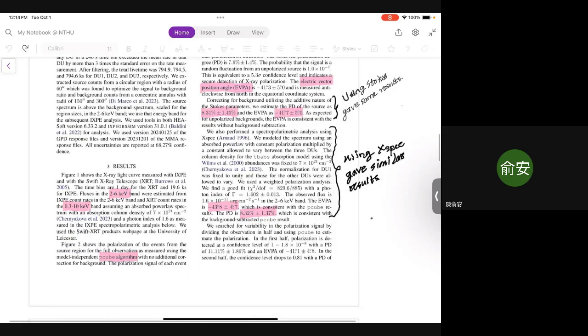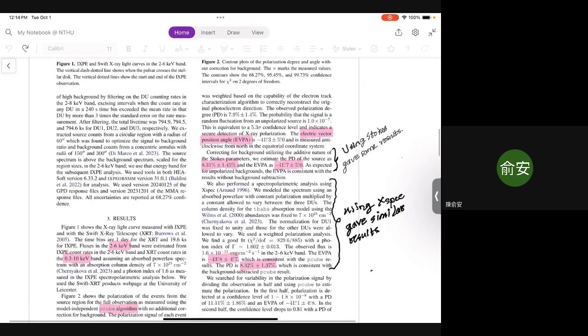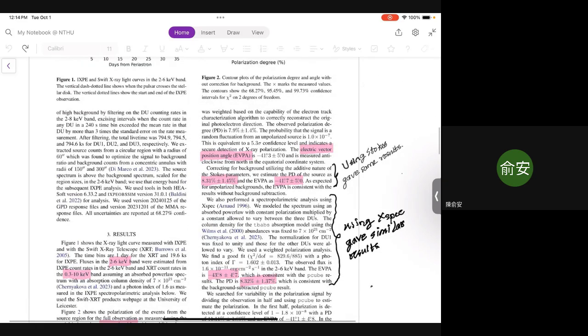Then they used an algorithm called the PCUBE algorithm. That is the standard for IXPE. So they observed that the polarization is 7.9 percent of the total observed flux, and it is at 5 sigma confidence level.